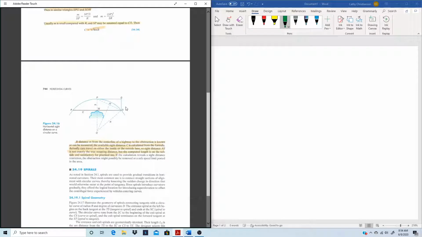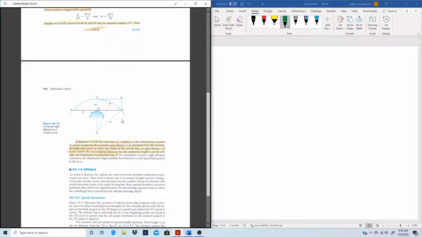If there's a tree here, you can come over and measure what the distance is. M is typically small compared to the radius. They'll give you M, and you should have R from your problem before, so you're just going to plug the numbers into equation 24-24.